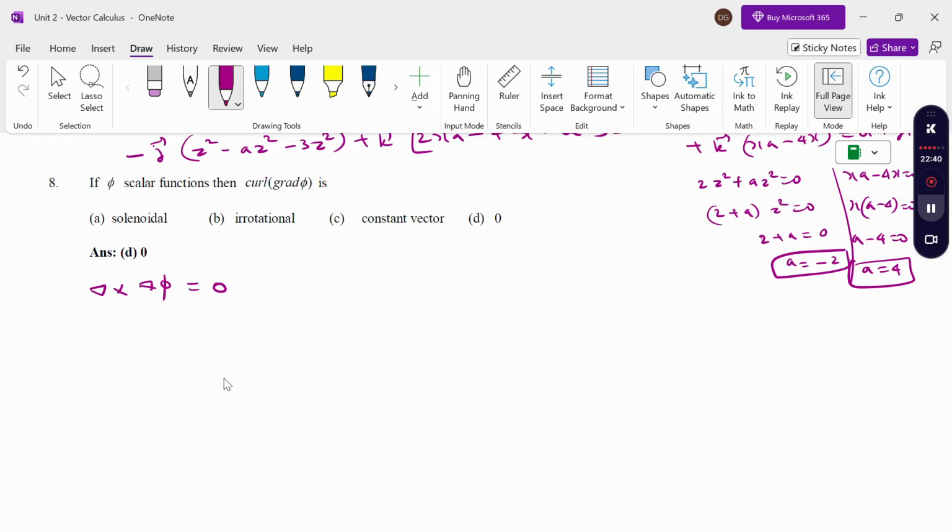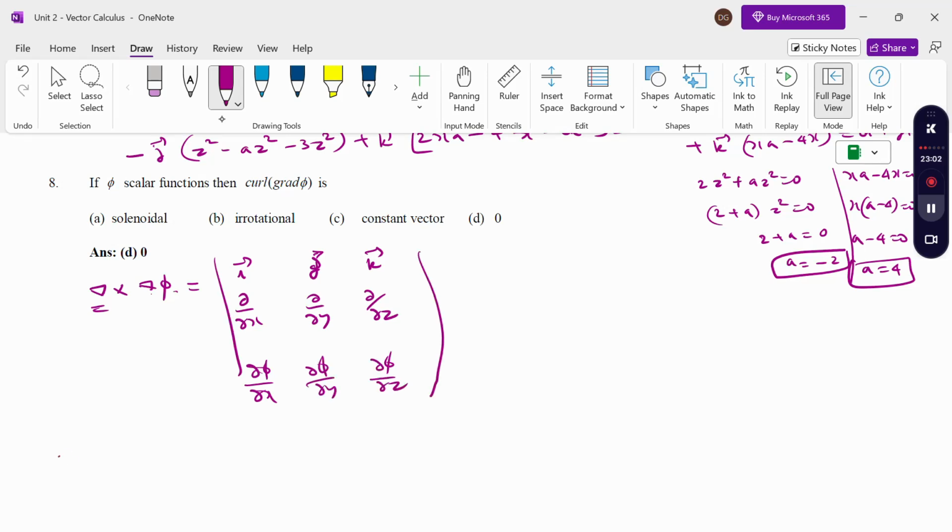See, this is del cross del pi. How to solve this? I vector, j vector, k vector. First del: dou by dou x, dou by dou y, dou by dou z. Del pi: dou pi by dou x, dou pi by dou y, dou pi by dou z. This is a determinant. Therefore I vector into, leaving the column and row, dou square pi by dou y dou z minus dou square pi by dou y dou z, minus j vector.